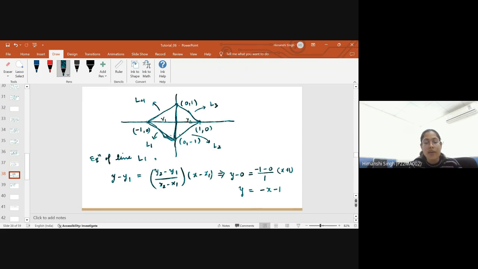I'm varying y and x is like this. So I'm considering this region to be y1. If I consider y to be varying from 0 to 1.